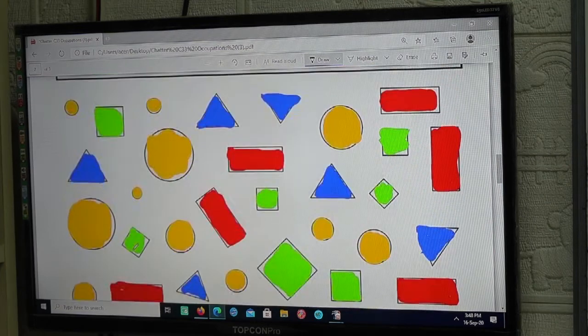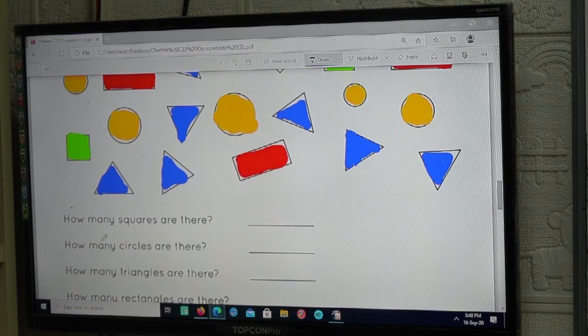So are there 8 squares? Yes, there are 8 squares. So please write 8 here.